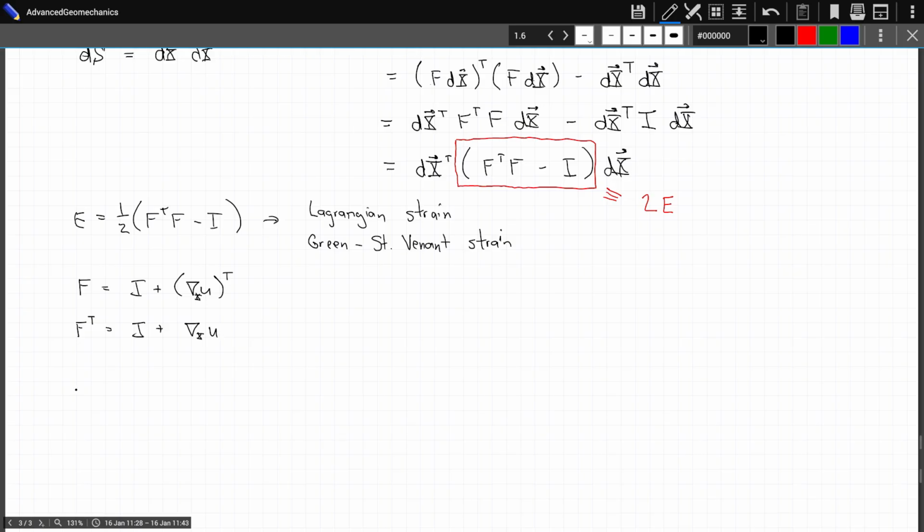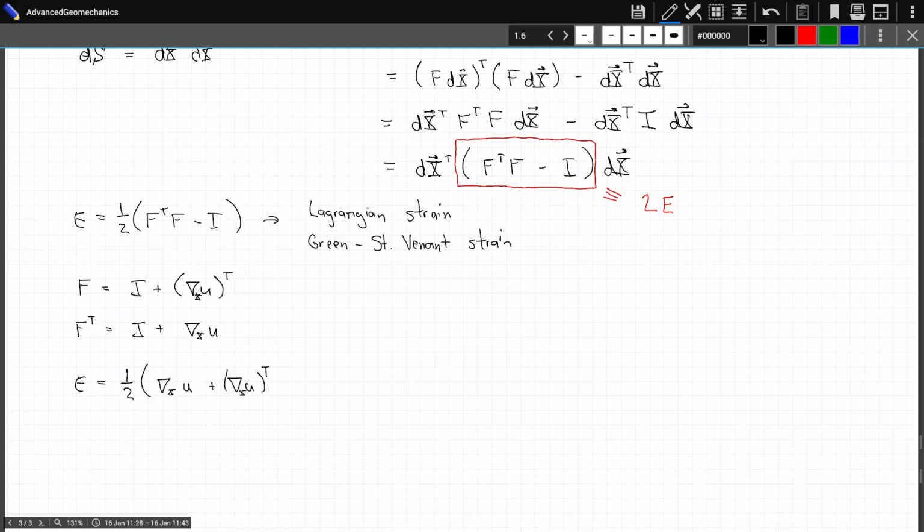We'll have that E is equal to 1/2 grad U plus grad U transpose. And again, I'm trying to be explicit by putting the big X.